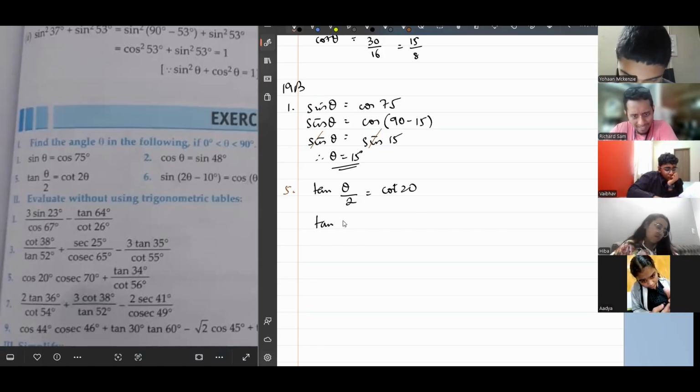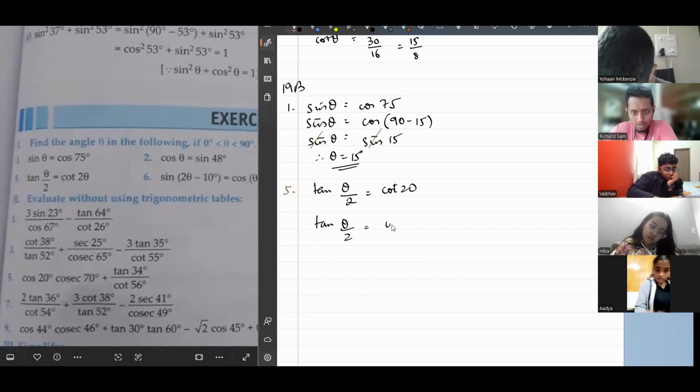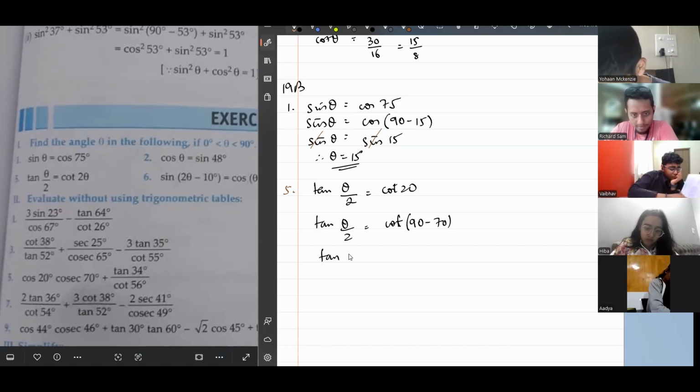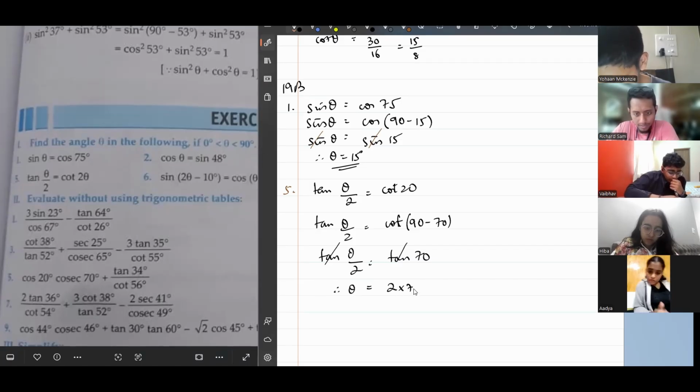So let's leave tan as it is. Change the cot. So cot 20 can be written as cot 90 minus 70, right? And then cot can be converted into tan 70. Cut the tans, therefore theta is equal to 2 into 70.